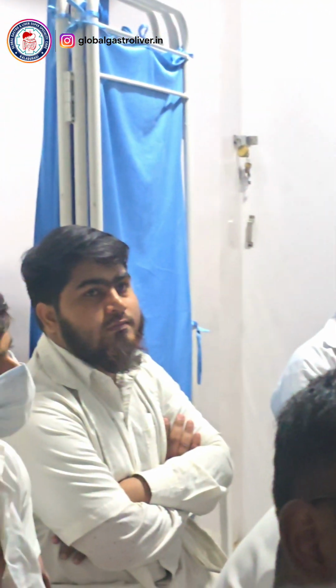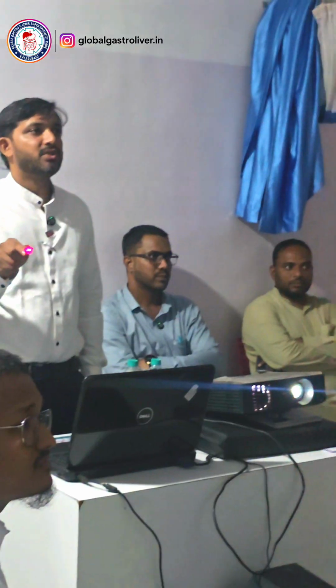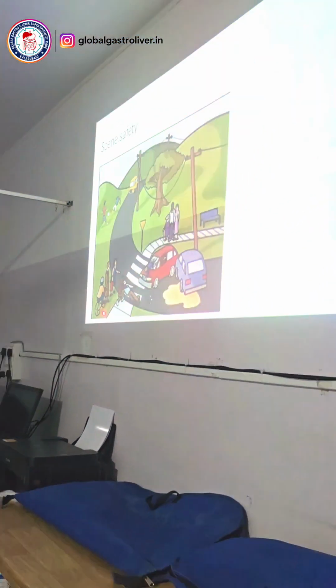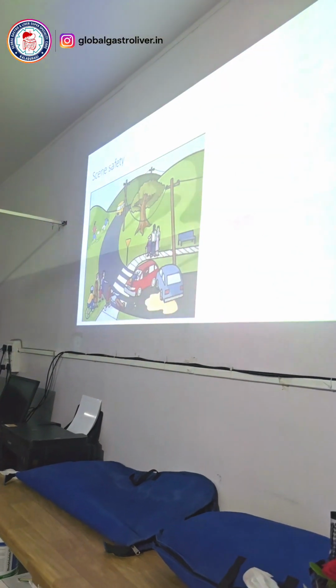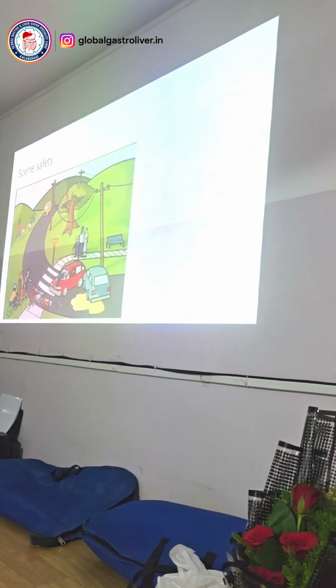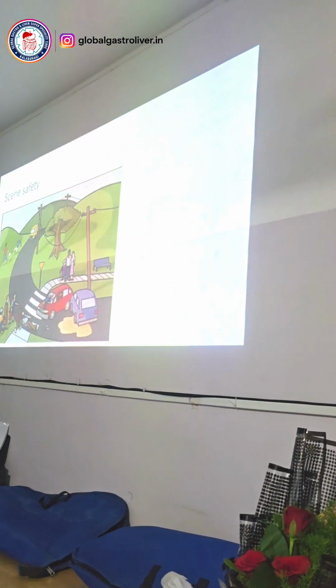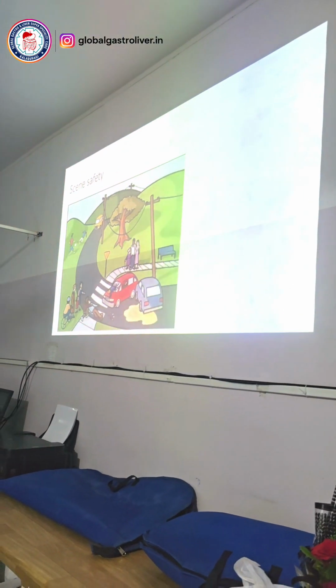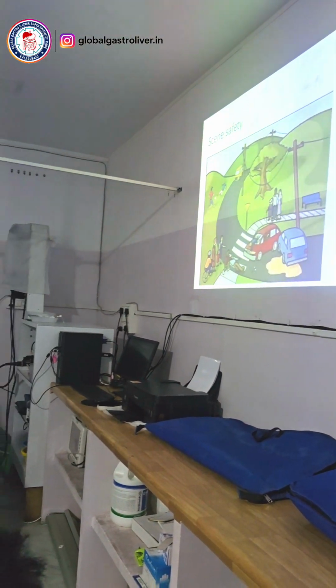Okay. Whenever there is a cardiac arrest, check if the scene is safe. If this is a road traffic accident and the person has fallen here, don't immediately start CPR here. Once you know it is a cardiac arrest, or the patient is unconscious or needs help, then you call someone: call 108 or call your friends.